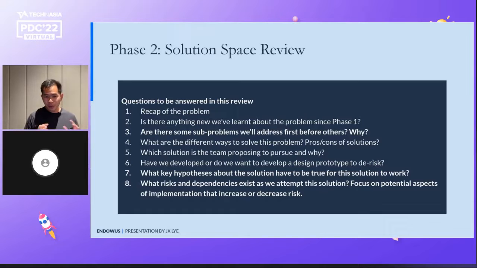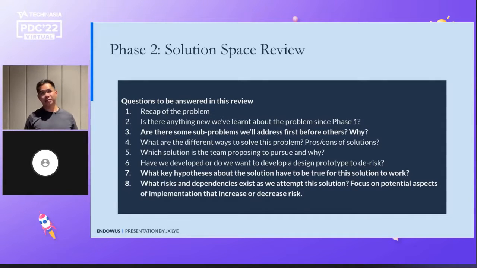And so before we wrap up this, as we come up with different possibilities for solutions, it's really important at this point in time to flag out what are the risks and dependencies that would exist as you attempt this solution. And what we should focus on is implementation risk.